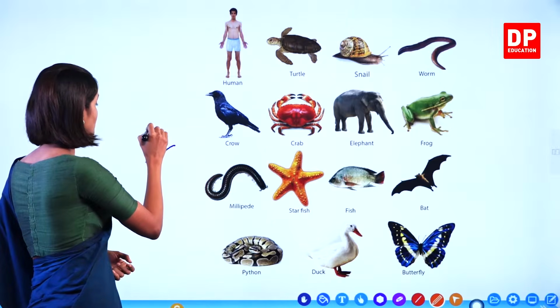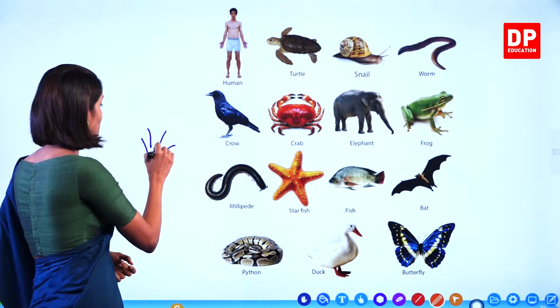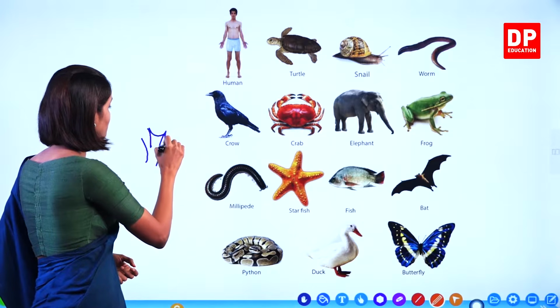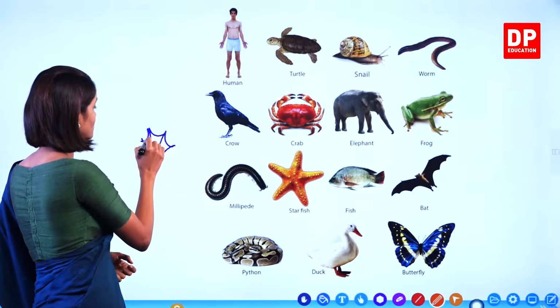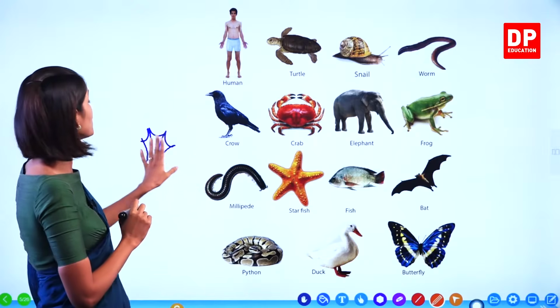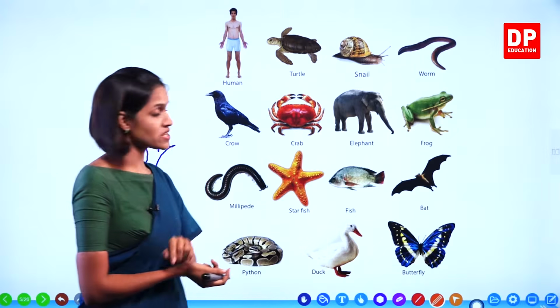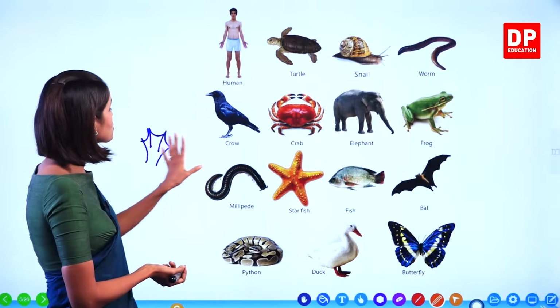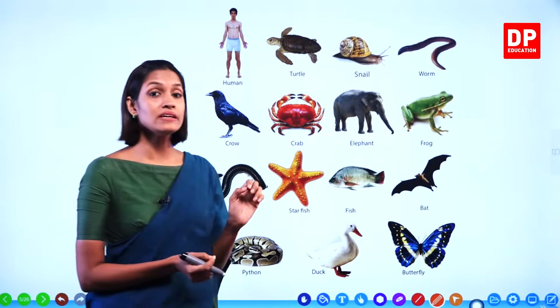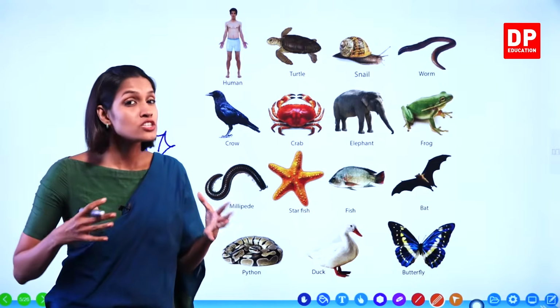Their finger-like parts are combined with each other, like this webbed structure. These are known as webbed feet. Even the duck also has webbed feet. So what is the importance of these webbed feet, children? These webbed feet help them with swimming.